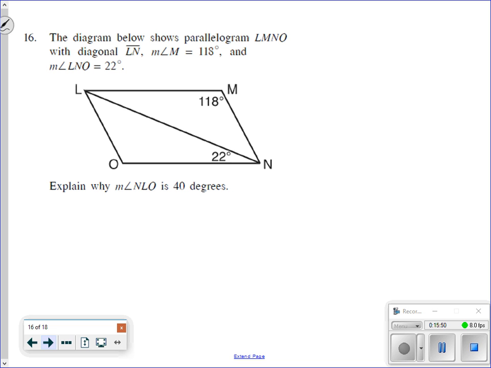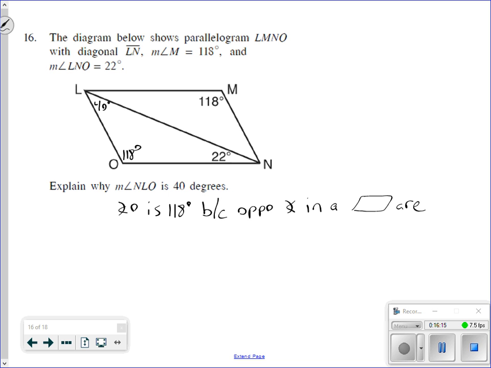So 16, there's a bunch of different ways to do this problem. I think the easiest way, and we're looking to explain why angle NLO is 40 degrees. I would say angle O is 118 degrees because opposite angles in a parallelogram are congruent.